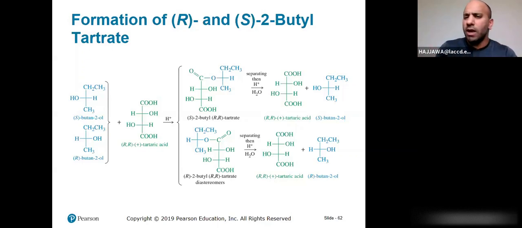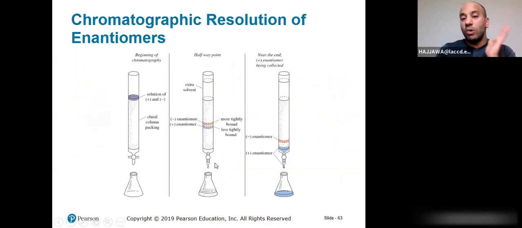So how do we take care of this now? Once we react the mixture of enantiomers with a chiral compound, I will end up with two diastereomers that I can easily separate using column chromatography. This column chromatography has silica gel.